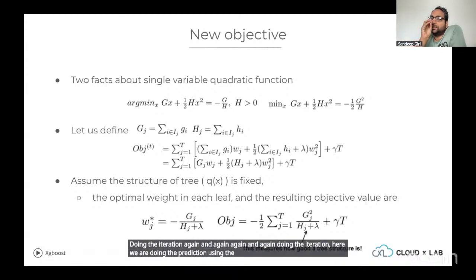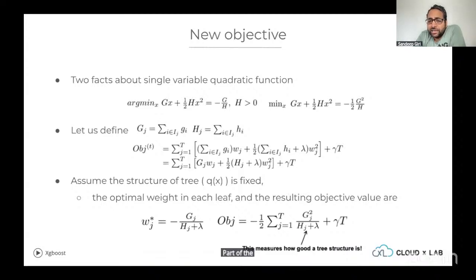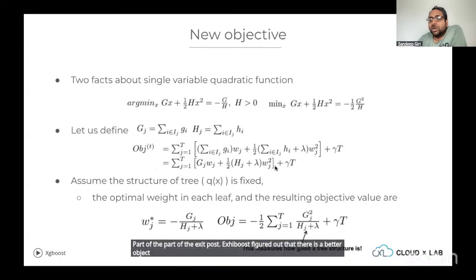We figured out this is the minimum value of the objective function and so on. Now this is the most important part of the XGBoost. XGBoost figured out that there is a better, smaller objective function if we have the weight to be something like this.